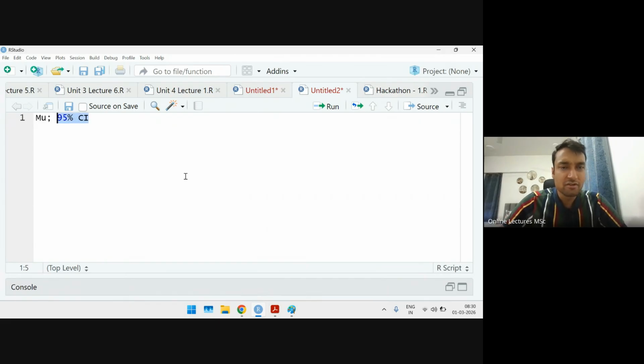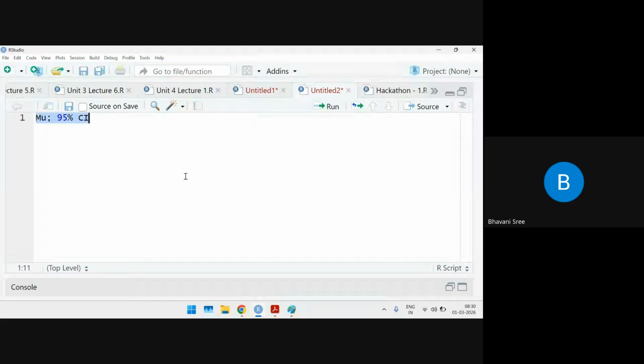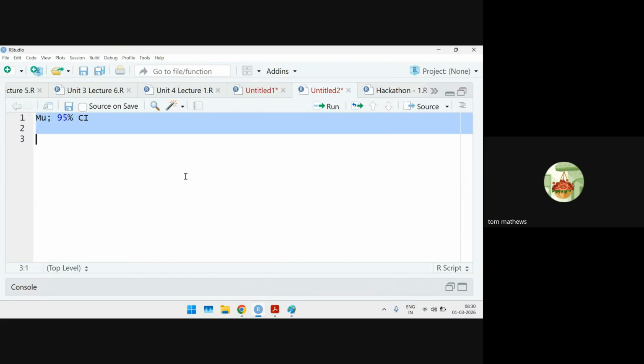Even if you give me a range in which my mu would lie, I am happy with that. I don't want anything else. Correct. So what is the answer for this? Sir, we don't know the distribution. Mu plus or minus 1.96 into sigma by root 10.